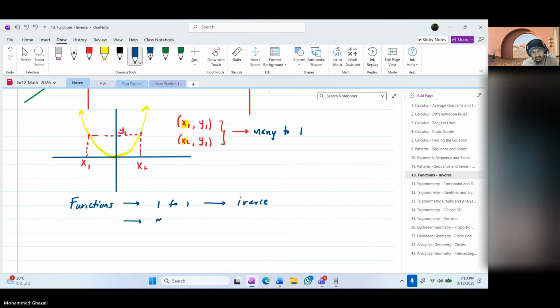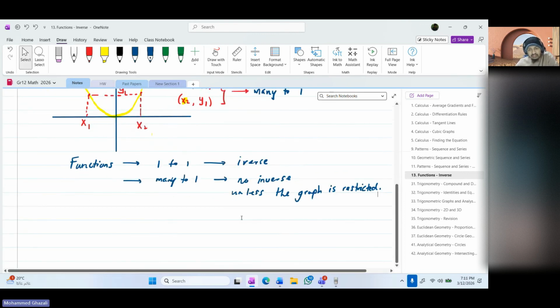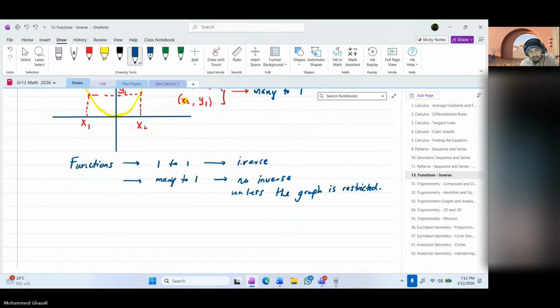Functions that are many to one have no inverse unless the graph is restricted. We'll come to these restrictions. So the inverse exists only for one-to-one functions.